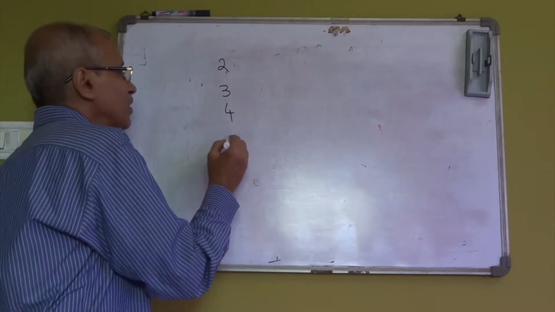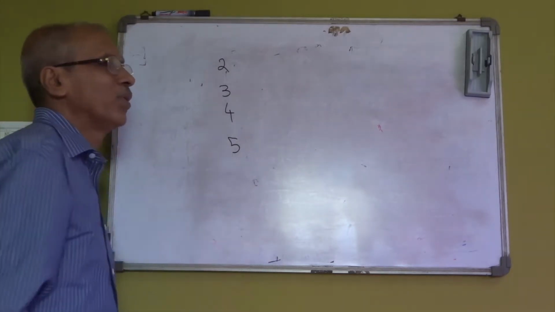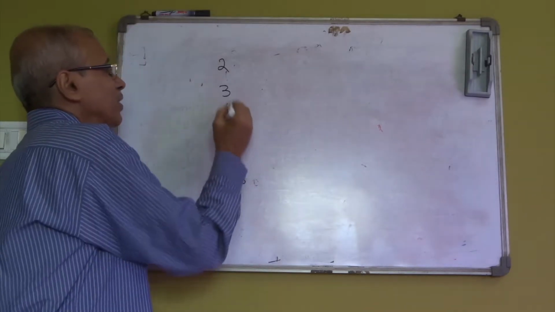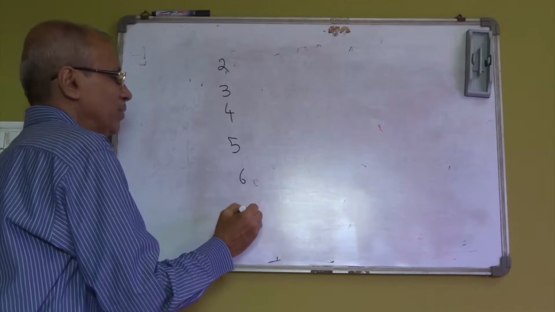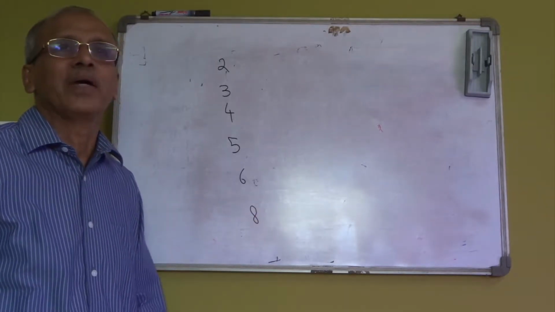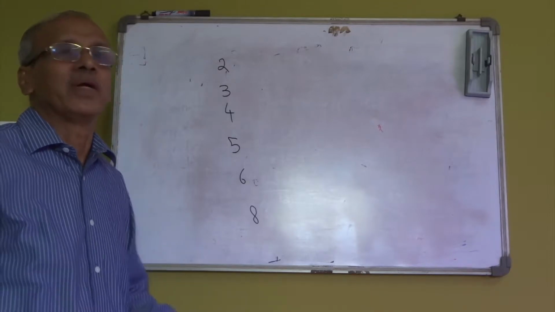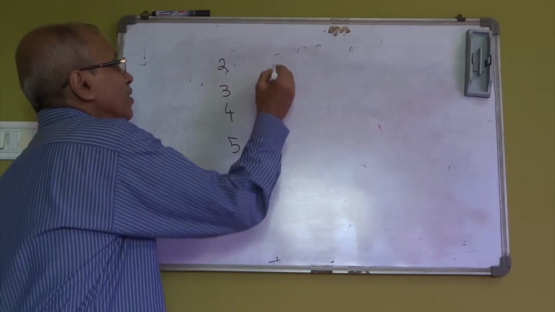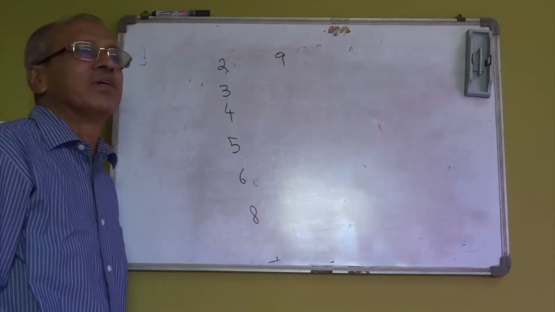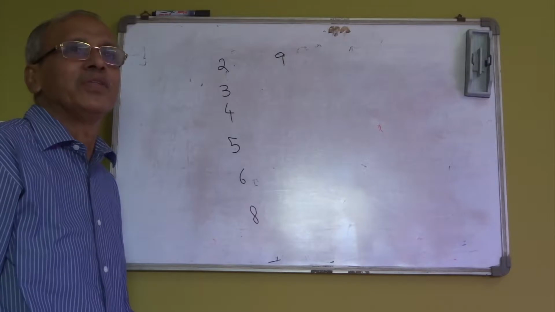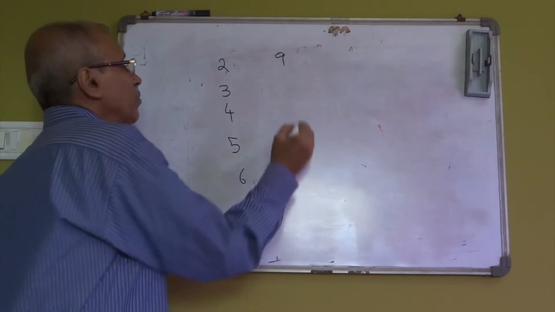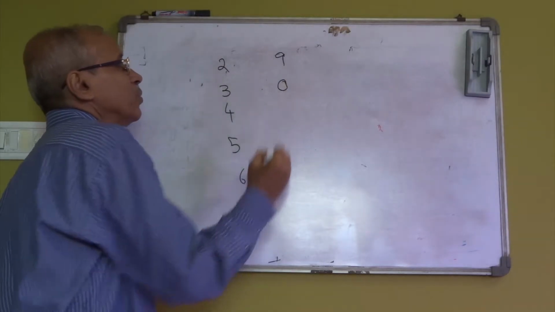As far as 5 is concerned, a number ending with 0 or 5. 6, if it is a multiple of 2 and 3, it is divisible by 6. 8, if the last 3 digits are divisible by 8, that number is divisible by 8. 9 is similar to 3. You add the digits, find the sum, and if it is divisible by 9, that number is divisible by 9. If the number is ending with 0, it is divisible by 10.